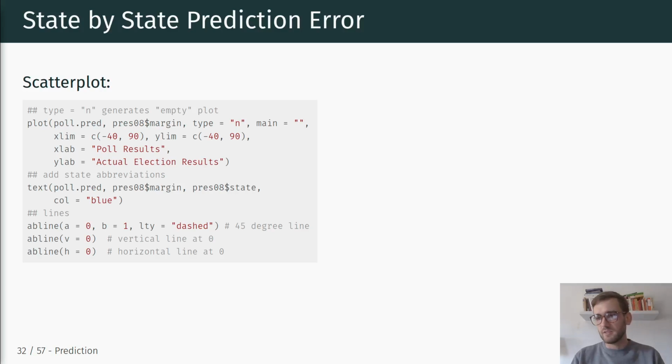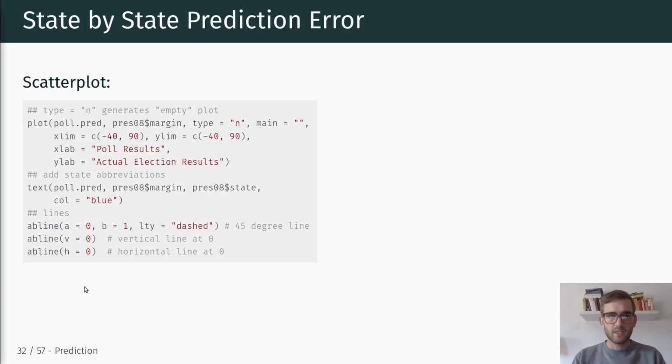We're creating just a scatter plot for poll predictions between the 2008 margin, which we use as hypothetical election results, and the poll predictions that we computed, okay?